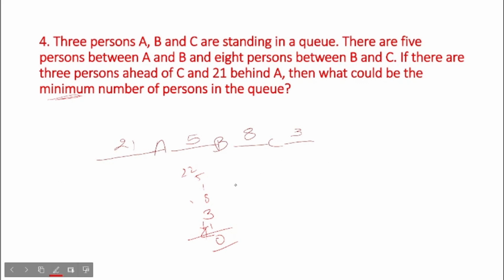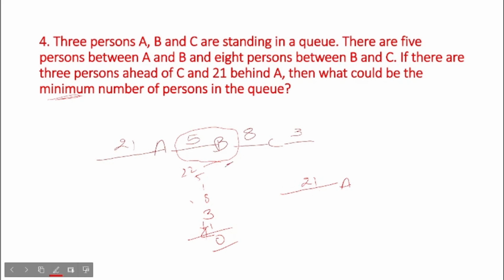Here what we can do is, there are five persons between A and B, like there are 21 persons behind A. We can change these six positions, like B's position to this side, right? It's not given whether B is behind A or ahead of A. So we can do it both ways, right?